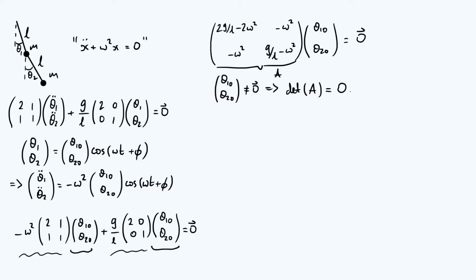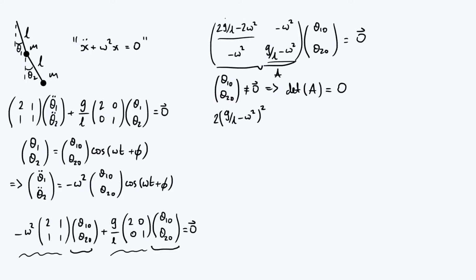Now, if we use our standard formula for the determinant, it's that term times that term minus that term times that term. If we apply that formula, we are going to get a polynomial equation which we could solve for omega, which we don't actually know the value of yet. So our determinant expression: the first term, we're going to get 2 times (G over L minus omega squared) all squared.